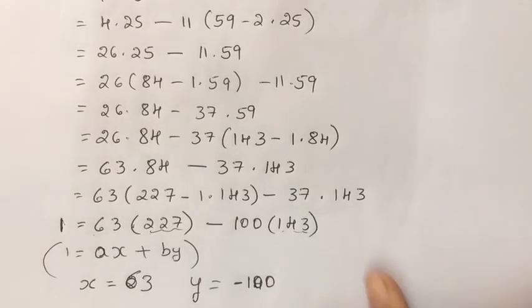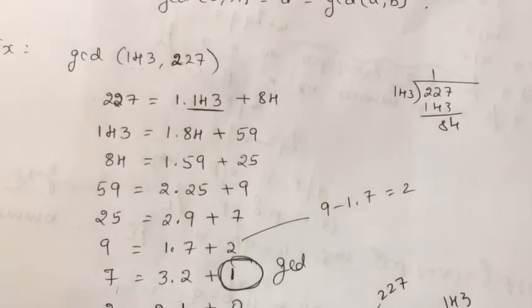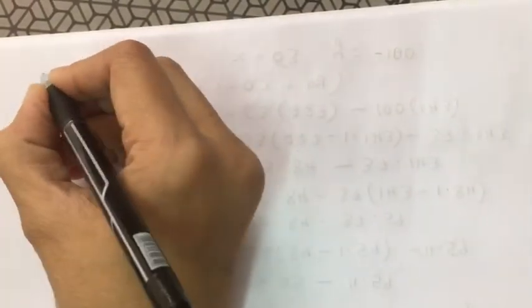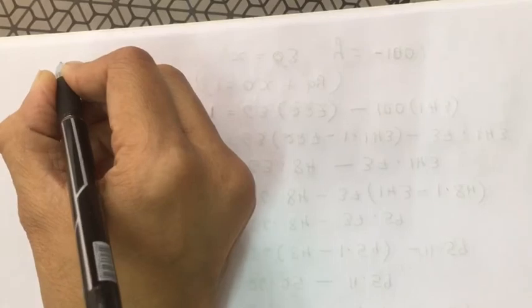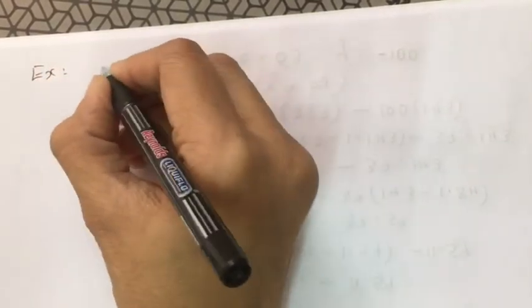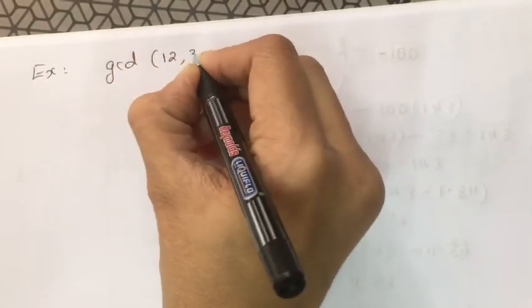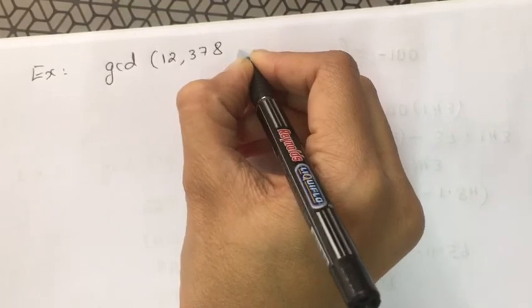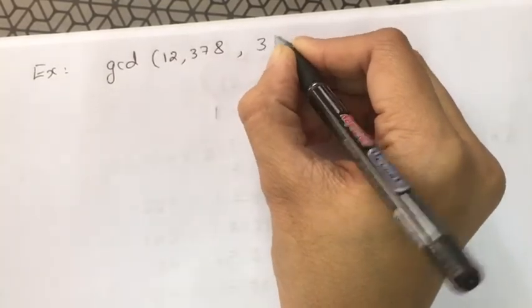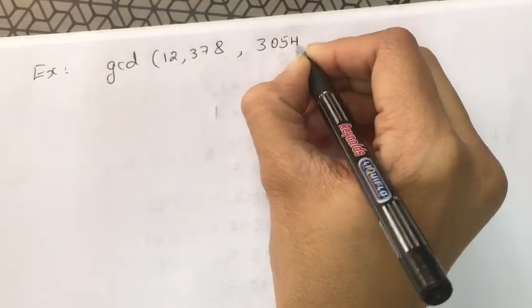This is the small, 3-digit integer I have taken. I can even take one more. You try by yourself. I'll give one more example. GCD of 12,378 and 3054.